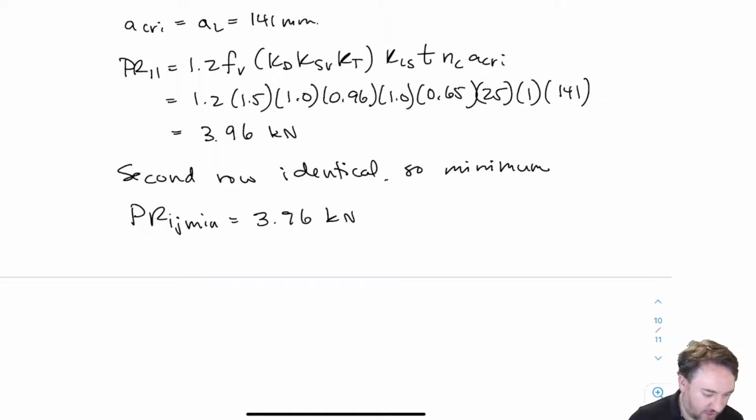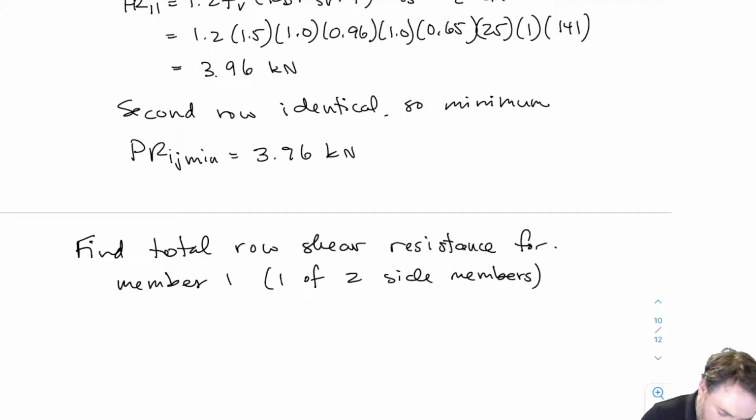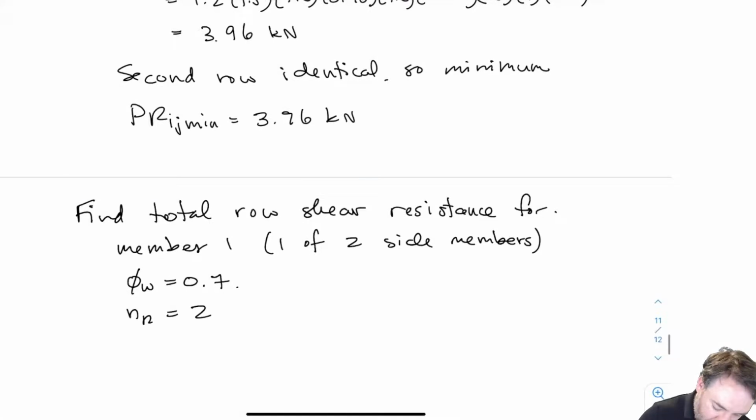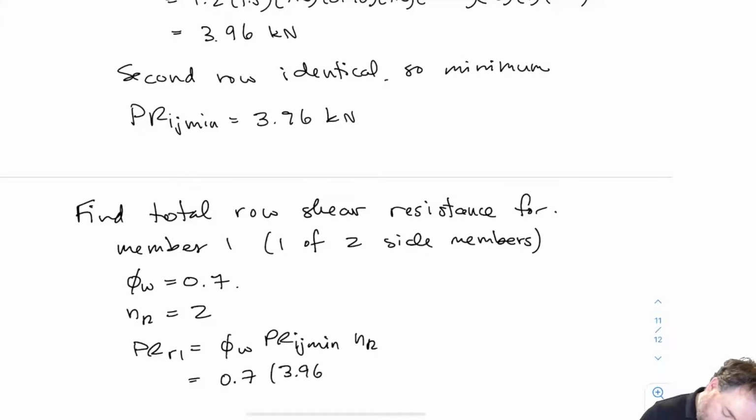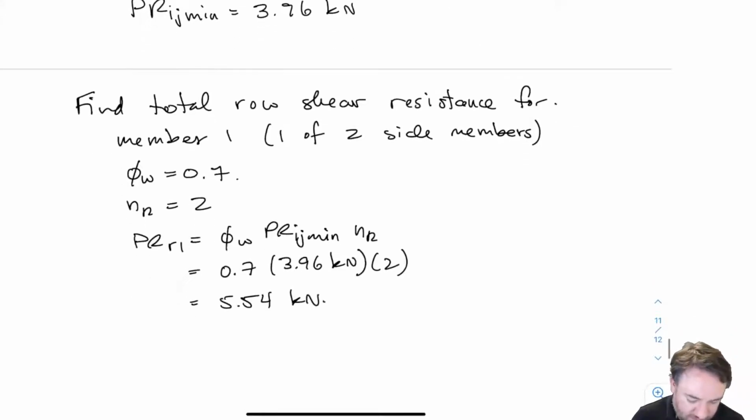Okay, so now I can find the total row shear resistance for member 1. We have 2 side members, so I'm just doing the first side member for now. We have 2 rows, and therefore my PRR1 gives me 5.54 kilonewtons.